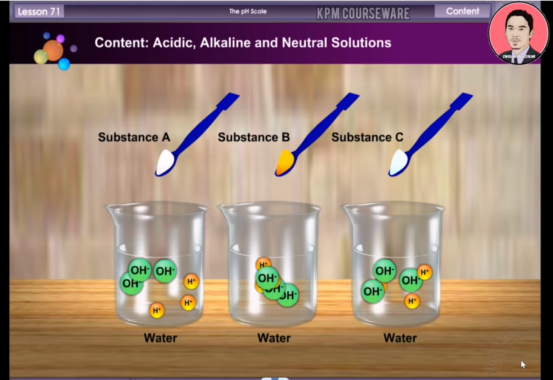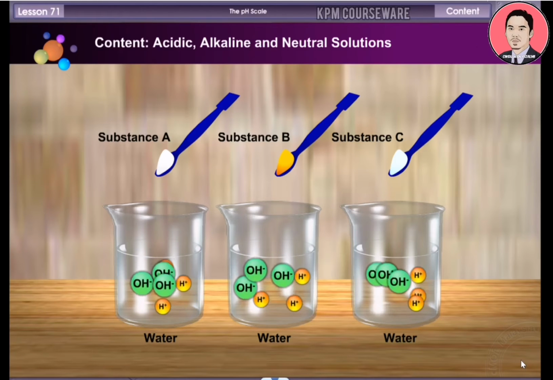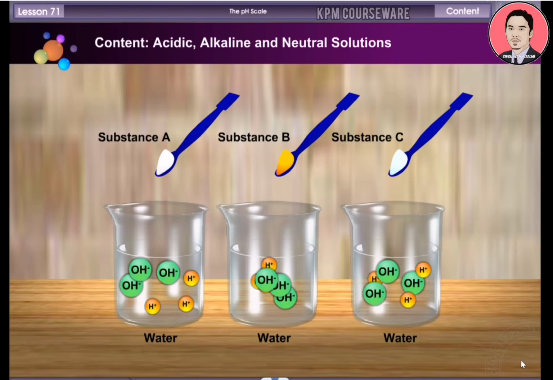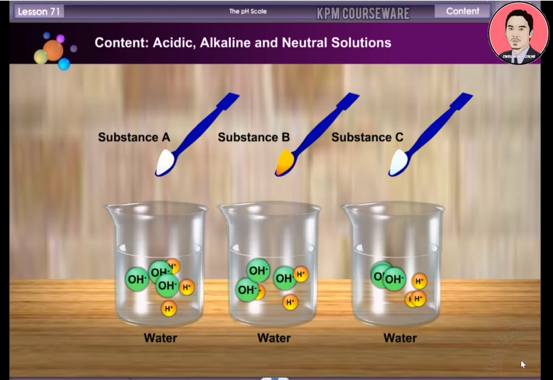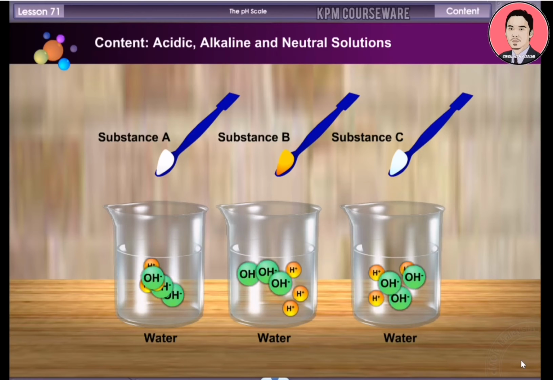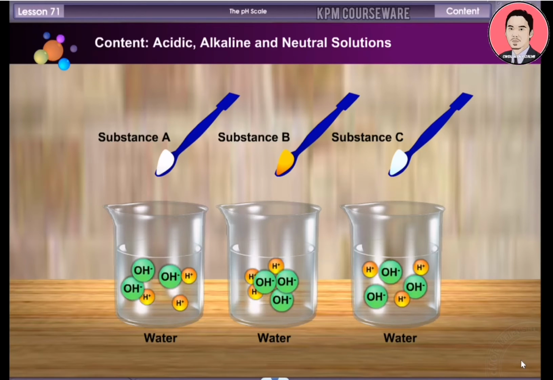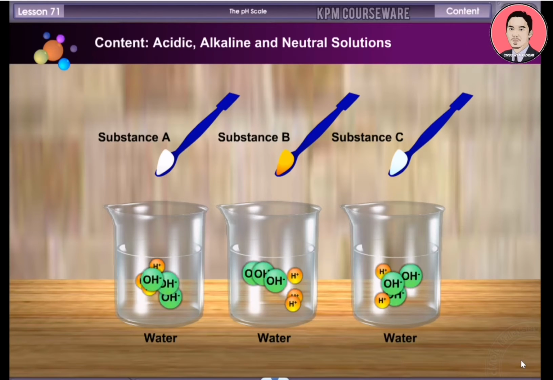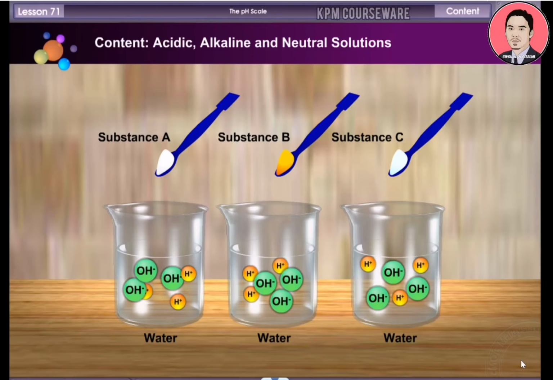What are pH values and what do they measure? Water, which is neutral, contains equal amounts of hydrogen ions and hydroxide ions. Click on the spatula to add substance A, B, and C into the beaker of water.